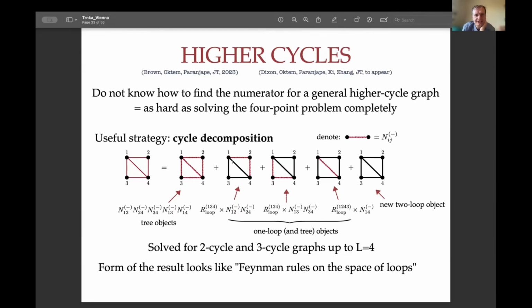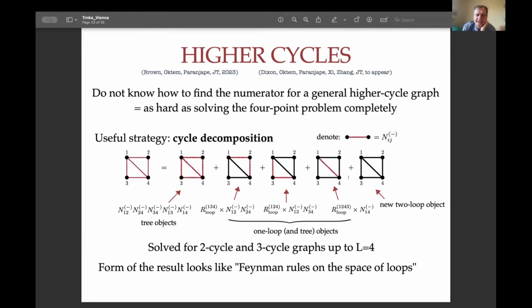Then you consider that there is one irreducible cycle involved, and dress it with the remaining 2 loop numerators. And similar for the other decompositions, and then the final one would be a really new thing, an irreducible 2 cycle object, and this numerator will be extremely constrained.